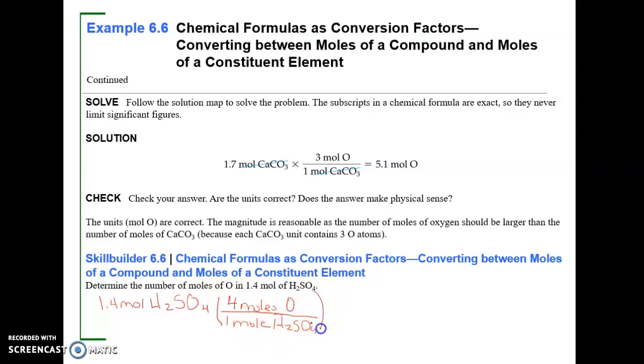All right, so now let's calculate that out. We're going to take our 1.4 times 4 and see what we get. When I put that in my calculator, my moles of sulfuric acid cancel, and I end up with 5.6 moles of oxygen.